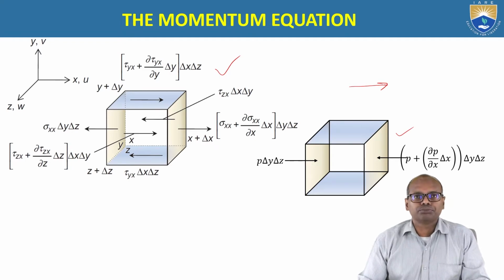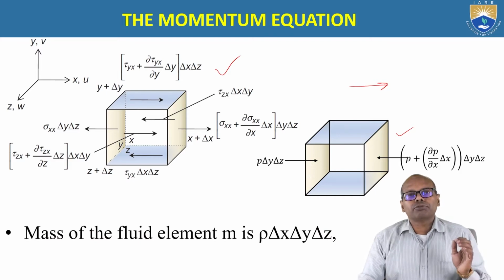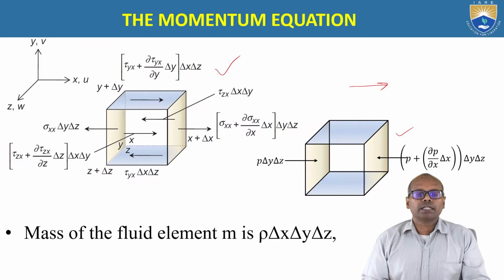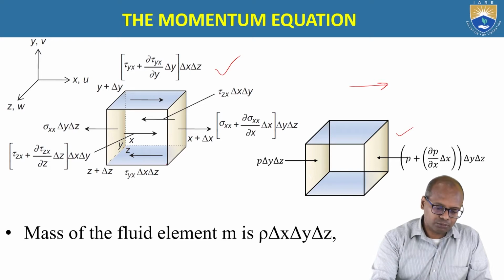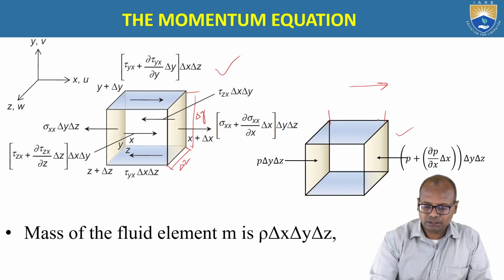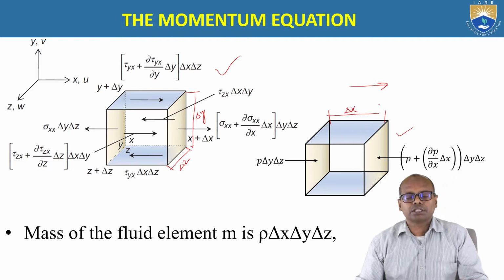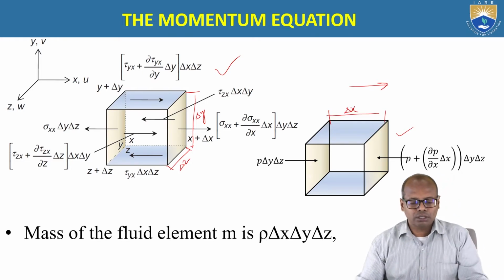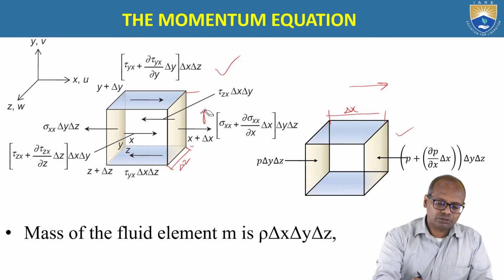Now delta x, delta y, delta z are the dimensions. Suppose this is delta z, this is delta y, and this is delta x. These are the three dimensions of the same element. Here it is a little clumsy, so I am writing it here.